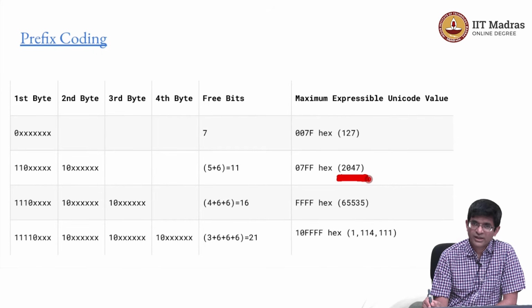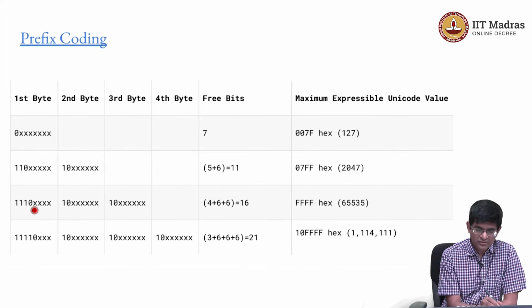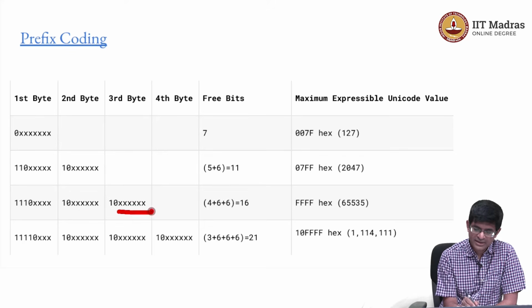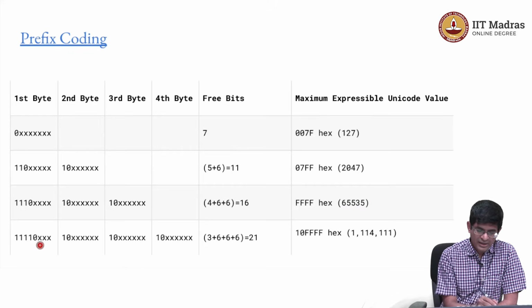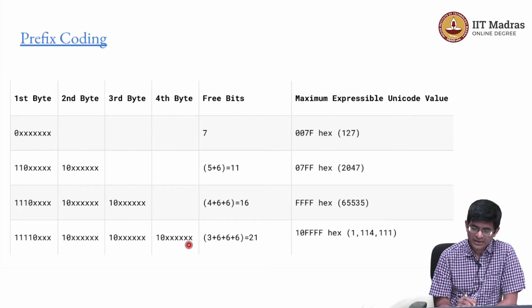So 2047 different Unicode values can be expressed in this way. If I have 3 bytes, then I have 4 free bits here, 6 here, 6 here, a total of 16, which gives me 65,535. And finally I have this, 3 bits, 6, 6, 6.